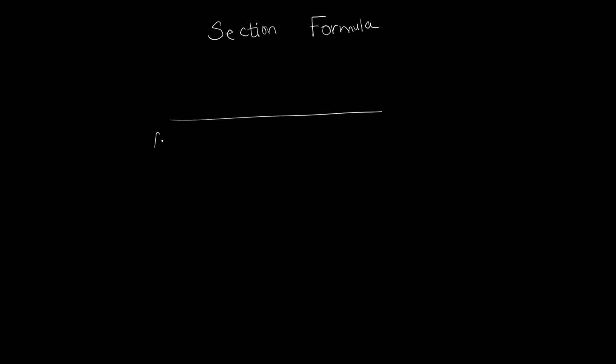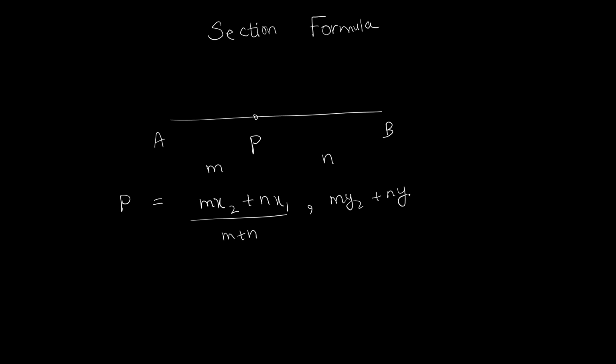So this is a line AB and the point P divides it in the ratio of M and N. Then the point P would be this, comma, this, where x1, y1 are the point A and x2, y2 are the point B.